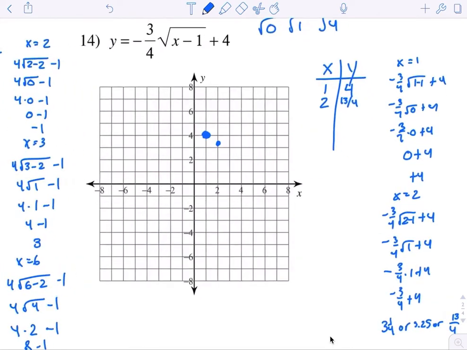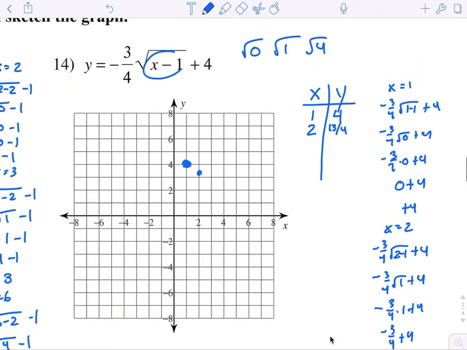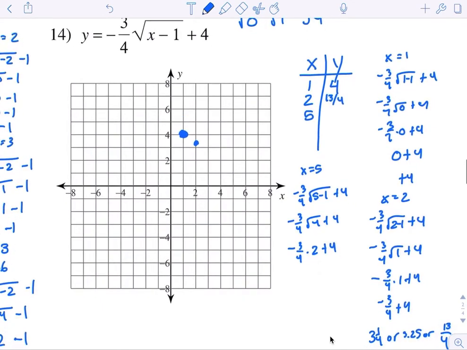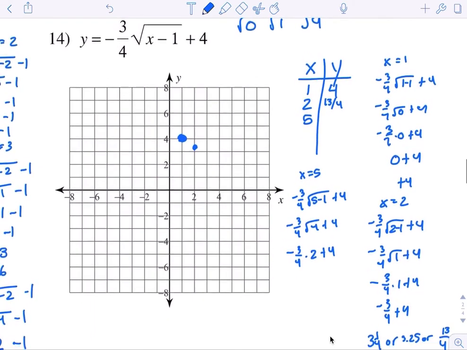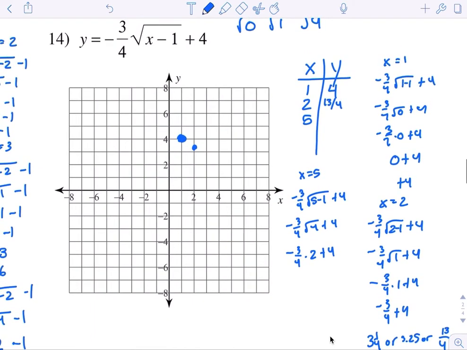Alright, last one. What value of x would give you a 4? That would be 5. So if x is equal to 5, we get negative 3/4 square root of 5 minus 1, plus 4. Negative 3/4 square root of 4, plus 4. Negative 3/4 times 2, plus 4. 2 times negative 3 is negative 6. Negative 6 over 4 is negative 3/2, plus 4.